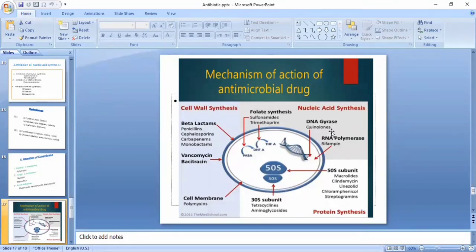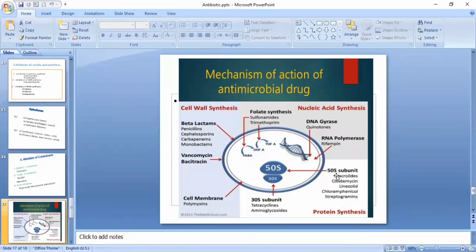The other mode of action is nucleic acid synthesis inhibition. So the nucleic acid, the DNA, is inhibited by these drugs which I have earlier mentioned, the DNA inhibitors. And the others inhibit protein synthesis.